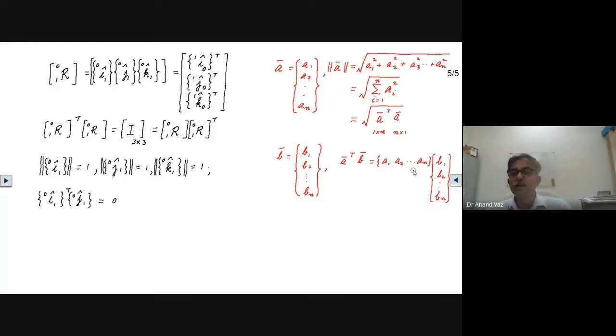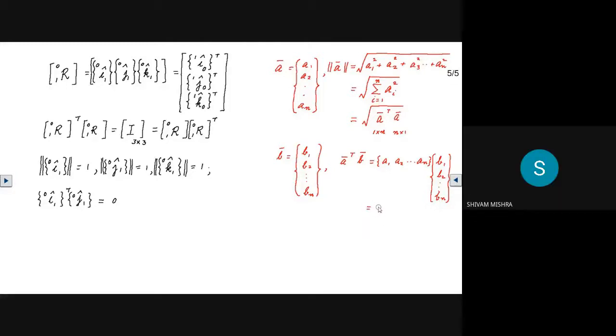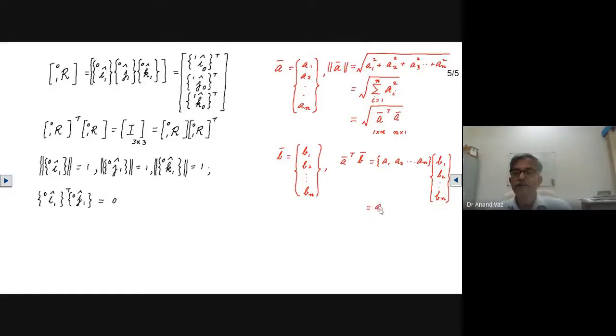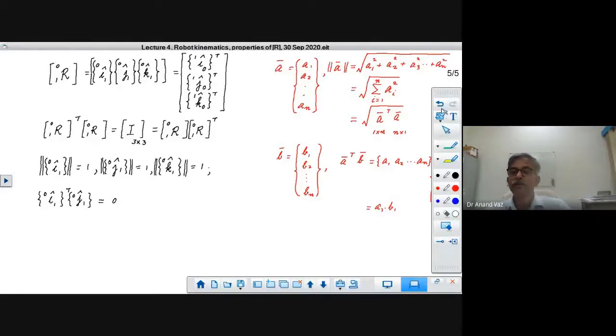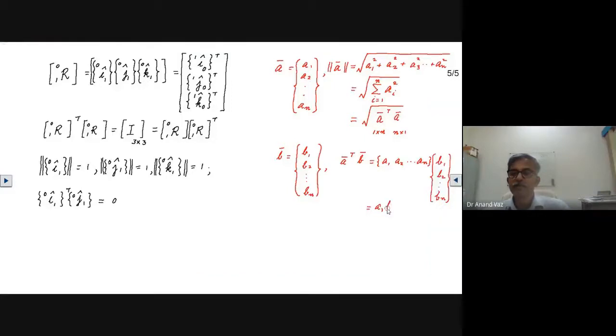When you take the dot product of this, it is equivalent to multiplying these two matrices in this order, these two arrays. What do you get? You get A1 into B1, plus A2 into B2, plus and so on up to AN, BN. I'm not going to put a dot in between because it has a specific meaning.